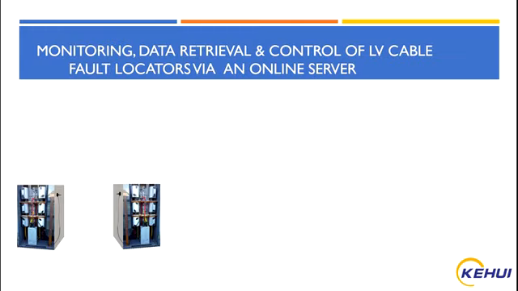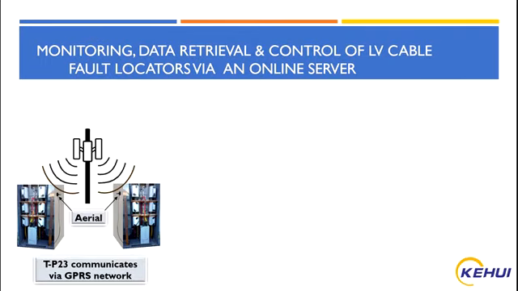If the TP23 is sited in an inaccessible location, or if it has been deployed for a long period of time, it may become inconvenient for the engineer to visit the site to download the data. For this reason, the TP23 is fitted with a SIM card, which allows it to communicate with the normal mobile telephone network.